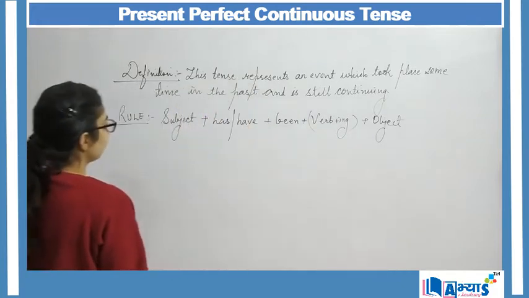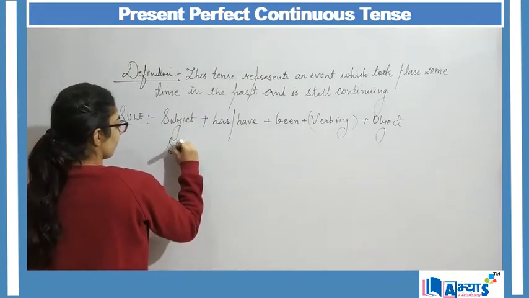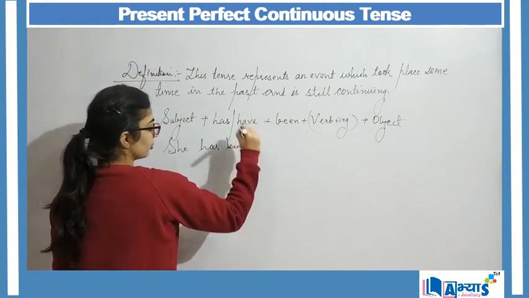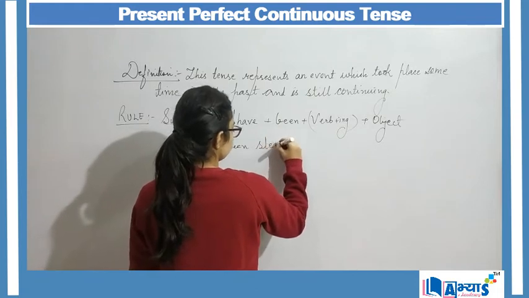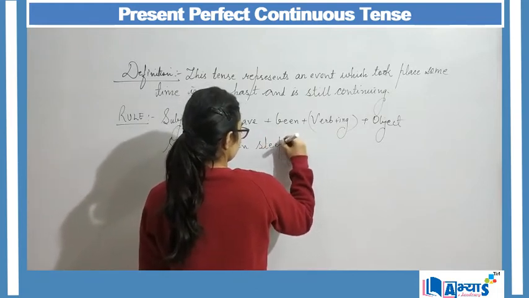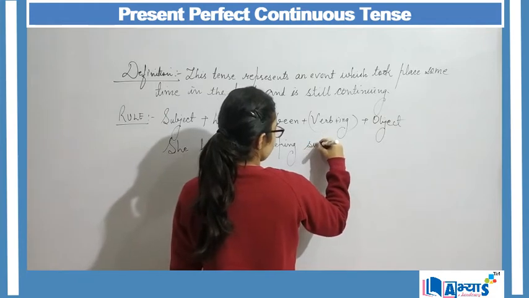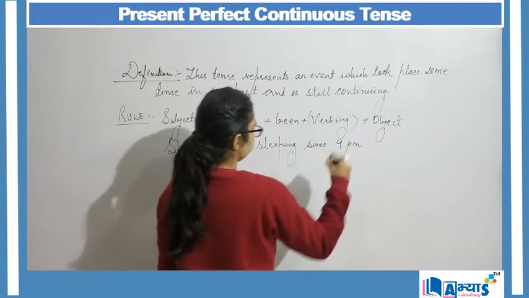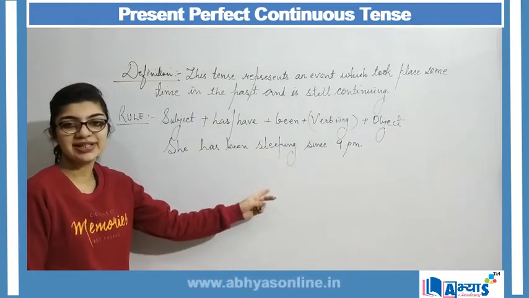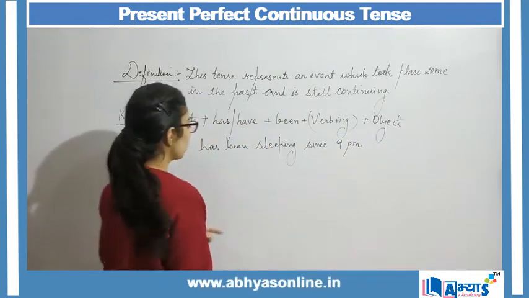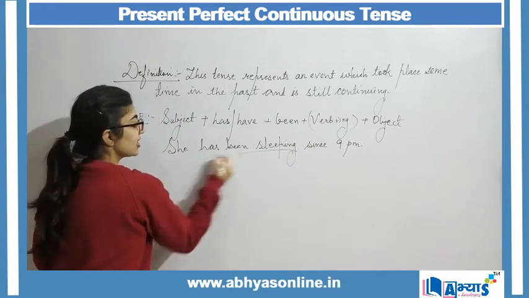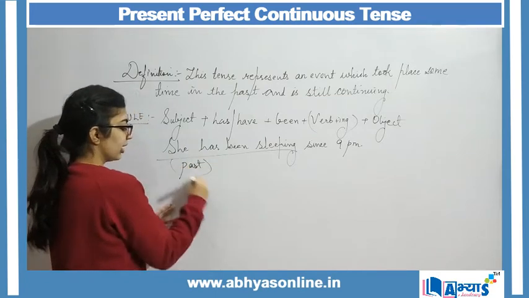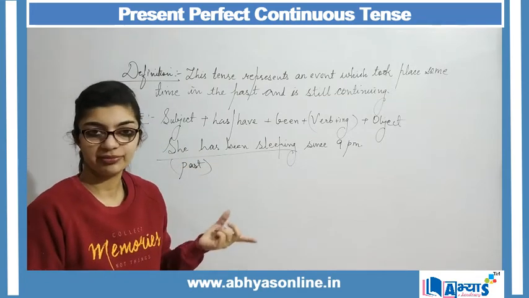So example can be, she has been sleeping since 9 p.m. She has been sleeping since 9 p.m., which means that my action is of the past, that she slept at 9 p.m., right?